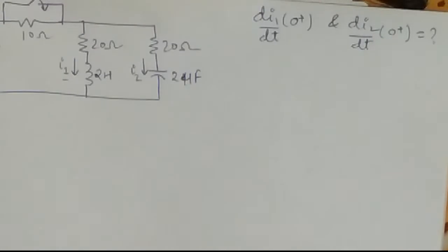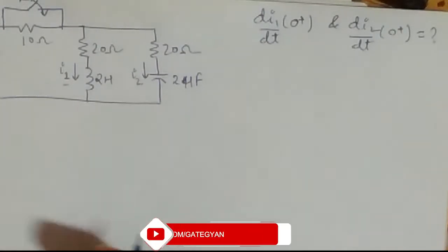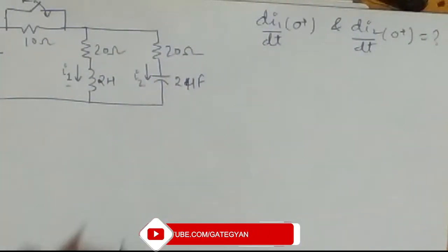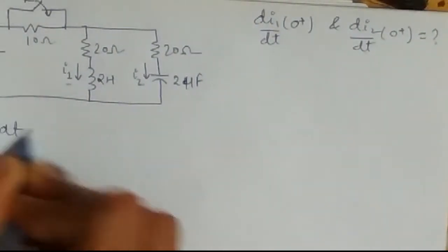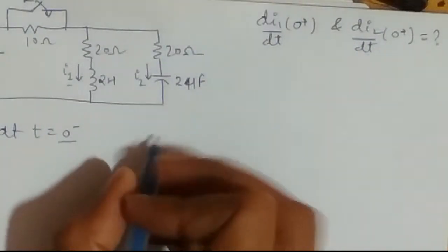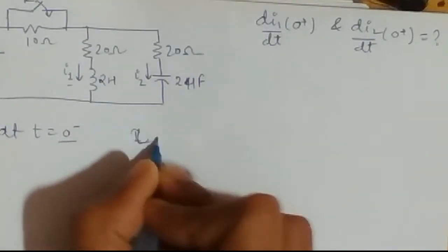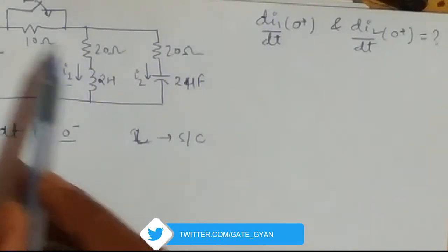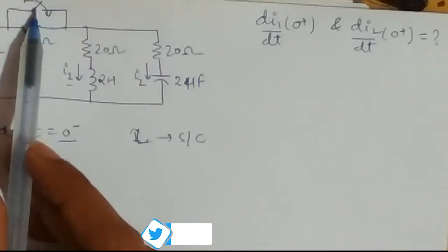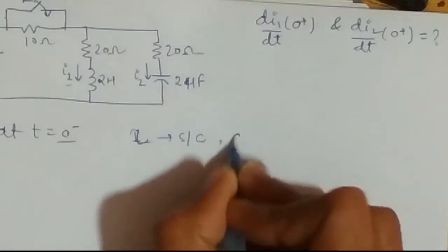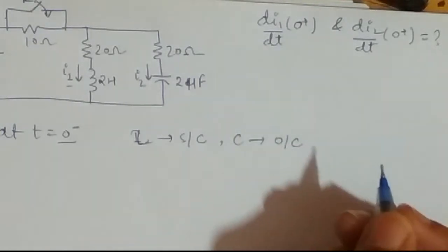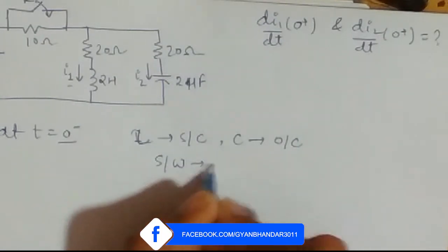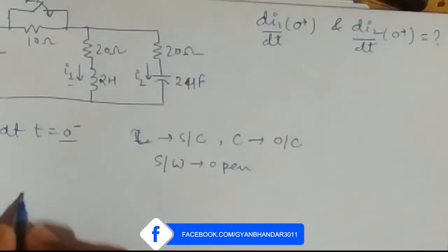So first of all, we will do the analysis of our circuit at t is equal to 0 minus. What will happen at t is equal to 0 minus? This is my 100 volt source. Inductor will short circuit as source is present with inductor at t is equal to 0 minus. My capacitor will be open circuit, and we have switch open.